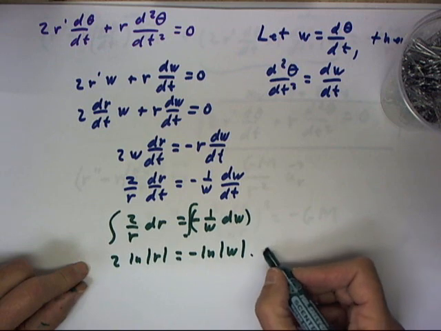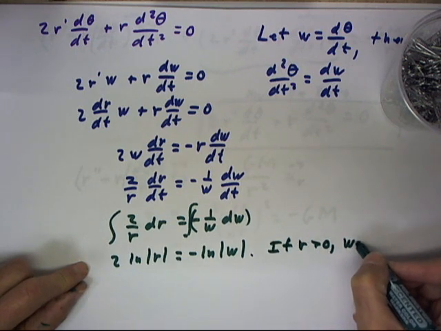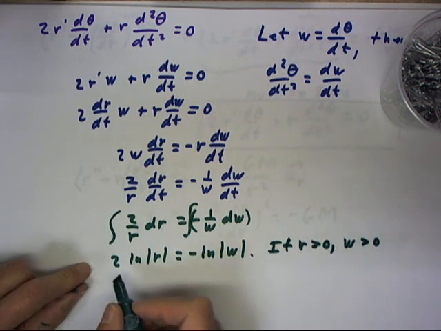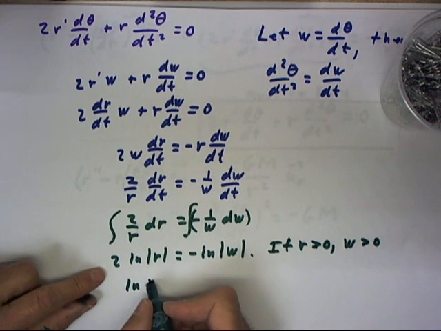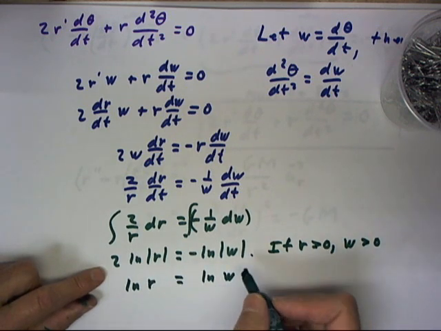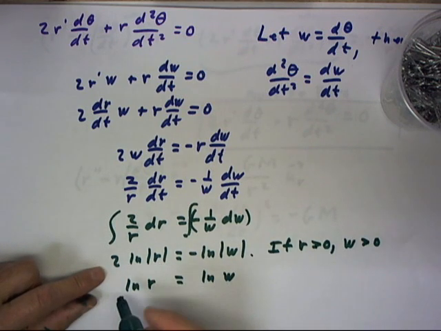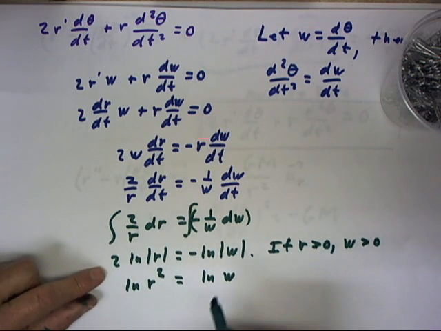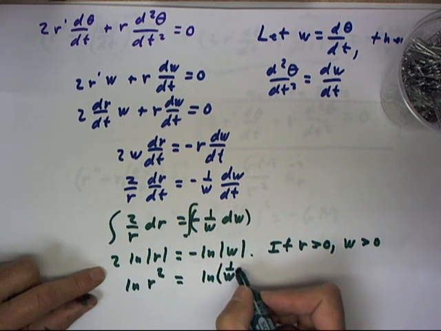So if r is greater than 0 and w is greater than 0, we get the natural log of r on this side and a natural log of w on this side. Now we know that 2 times the natural log of something is the natural log of the square of that thing, and negative natural log of a quantity is the natural log of the reciprocal of the quantity.